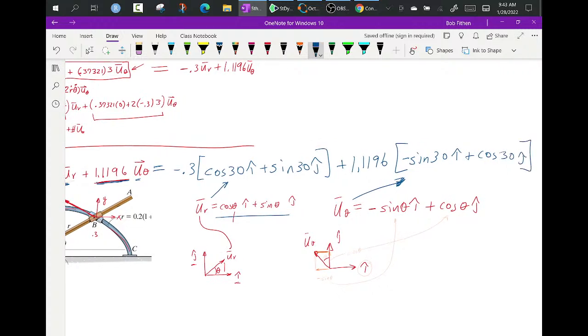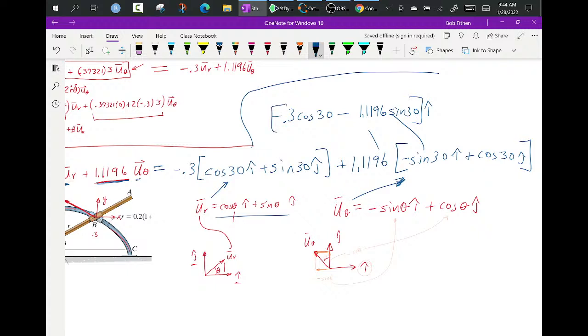Now, if you multiply all this out, you'll get minus 0.3 times cosine 30 minus 1.1196 sine of 30 times I. I'm gathering the I terms.